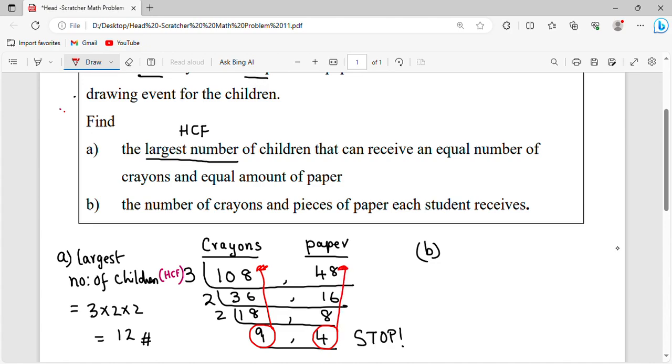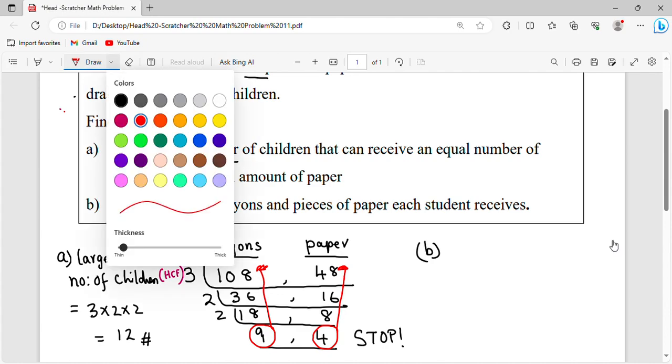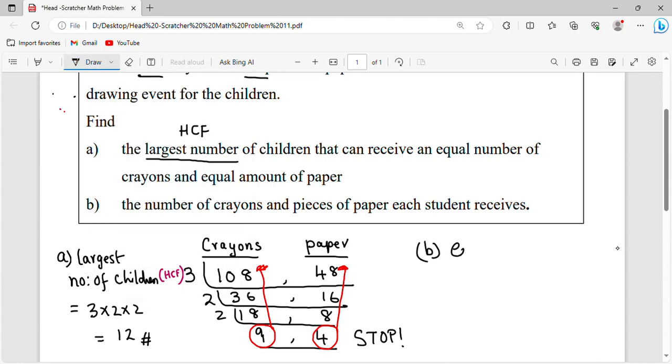So the answer for B would simply be each student receives 9 crayons and 4 pieces of paper.